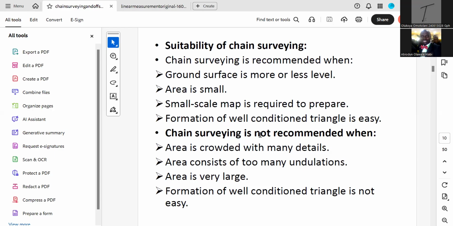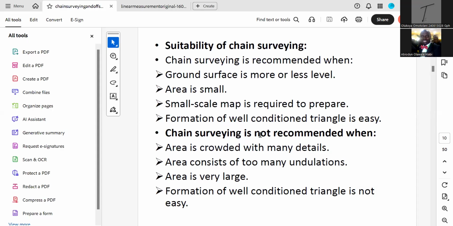So that is what we mean by formation of a well-conditioned triangle. What they are trying to say here is that in creation of the triangles, the area must be suitable such that I can easily draw those well-conditioned triangles on that area. An area where it is difficult to create those triangles, we cannot deploy chain surveying. So chain surveying is not recommended when the area is crowded with many details.